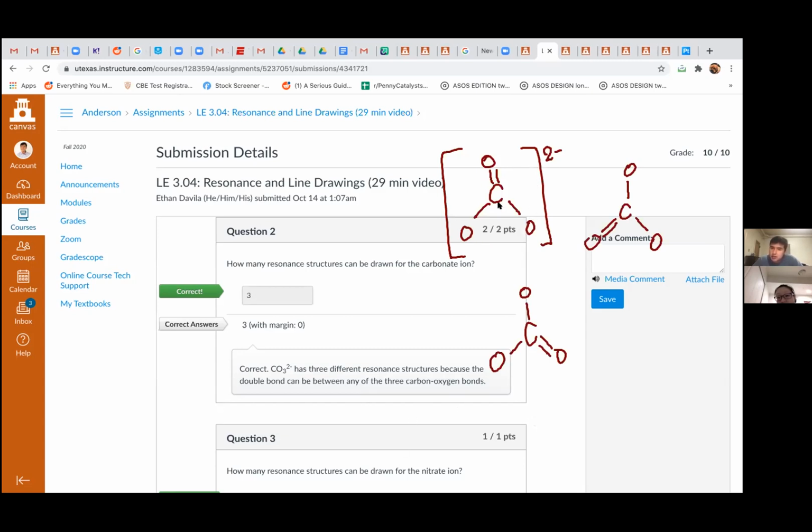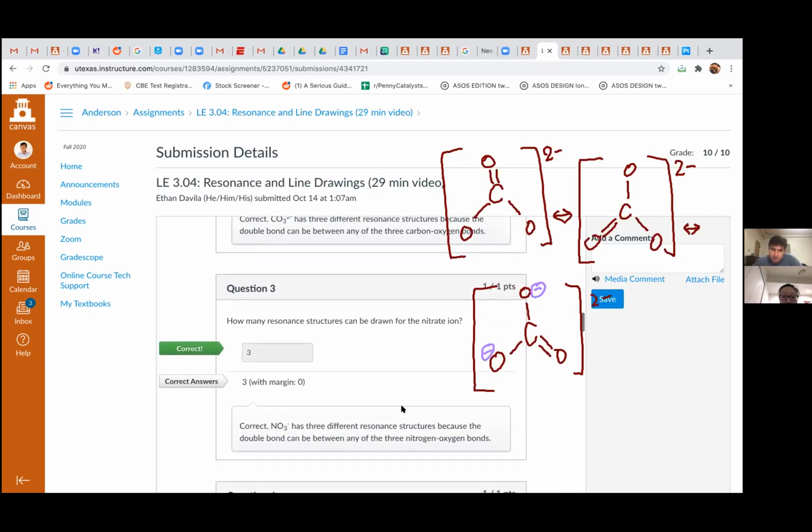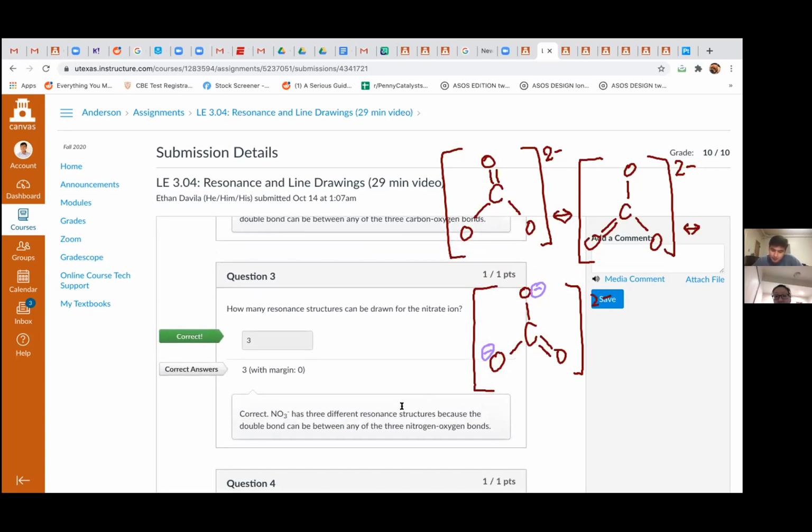You don't do anything to the structure. I mean, you can, but you would actually just put it like this. You don't have to. You can just put brackets and put a 2 minus on the outside. Okay.